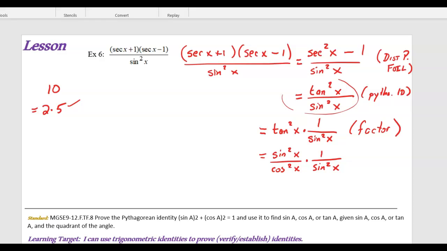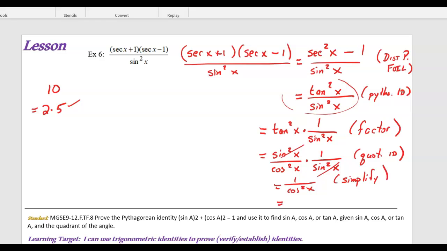So how do I know this? That's one of my quotient IDs. And then my sine squareds divide out, and I'm left with 1 over cosine squared of x. All I did was simplify.